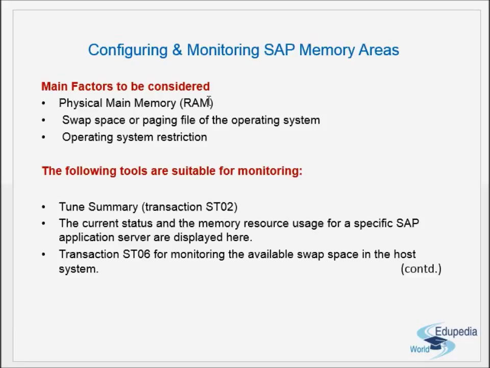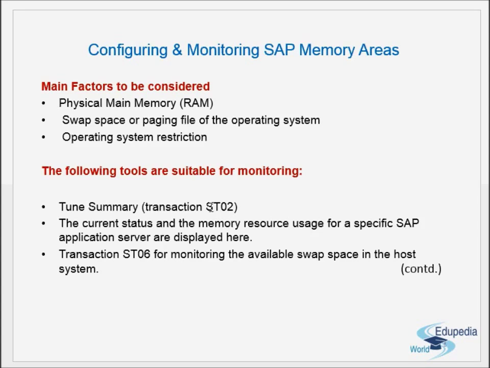Now, the following tools are suitable for monitoring. To monitor these memory related things, the first transaction is ST02, the tune summary. Many times till now we have learned about ST02. All this buffer related information, the memory parameters, everything you can see from ST02.